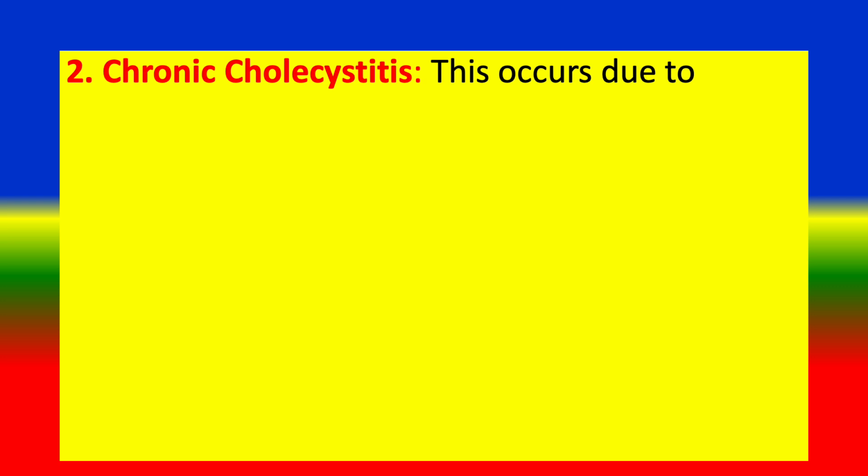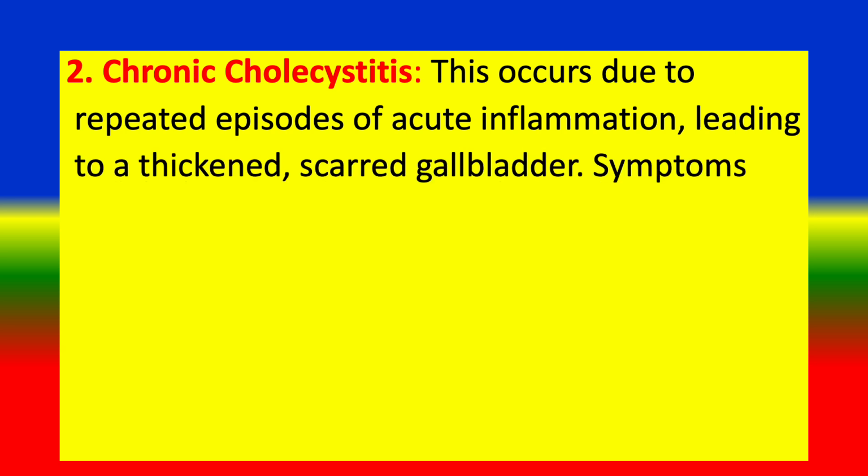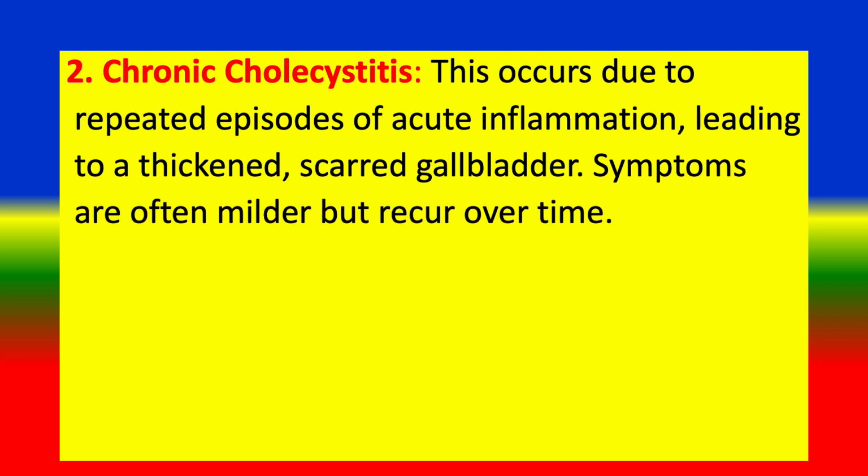Chronic cholecystitis. This occurs due to repeated episodes of acute inflammation, leading to a thickened, scarred gallbladder. Symptoms are often mild but occur over time.